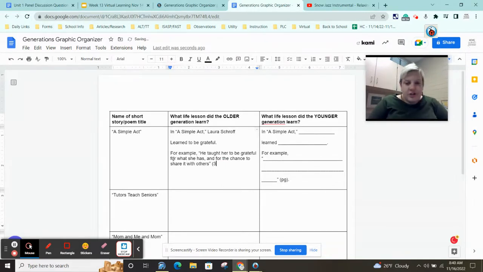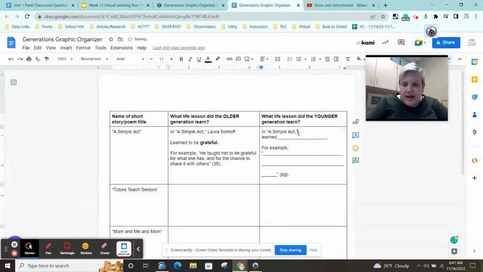And that was on page 35. Okay. So the lesson she learned, I'm going to bold the lesson she learned was how to be grateful. So notice we have the title of the text, the person's name, the lesson they learned, and then text evidence to support it. Okay. We're going to do the same thing over here for Maurice.